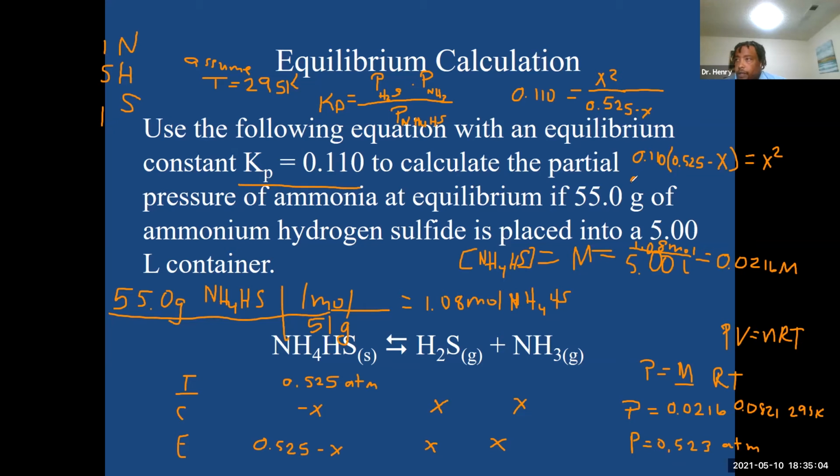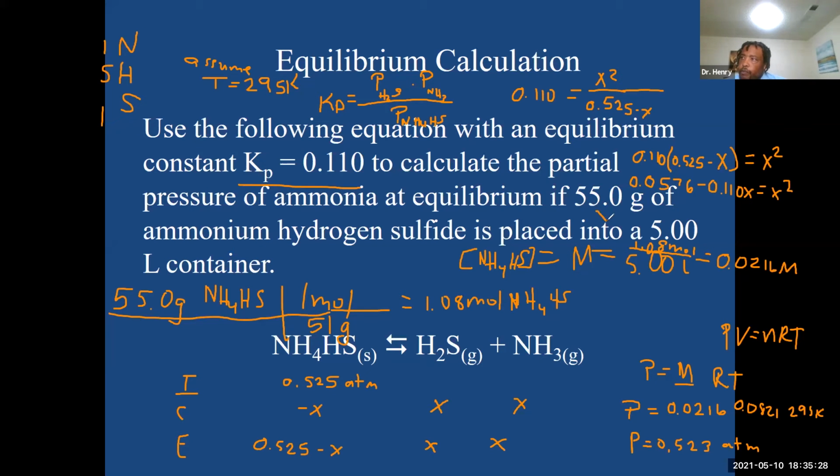So we get 0.0576 minus 0.110x equals X squared.